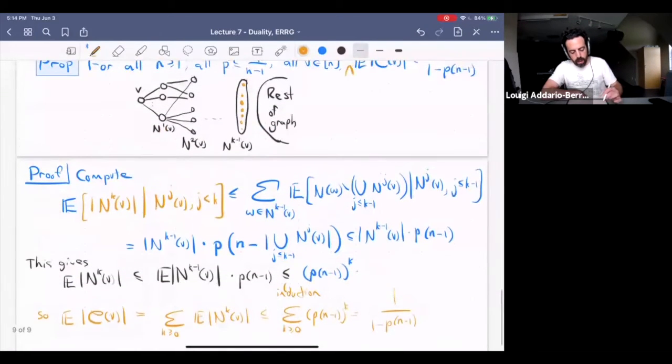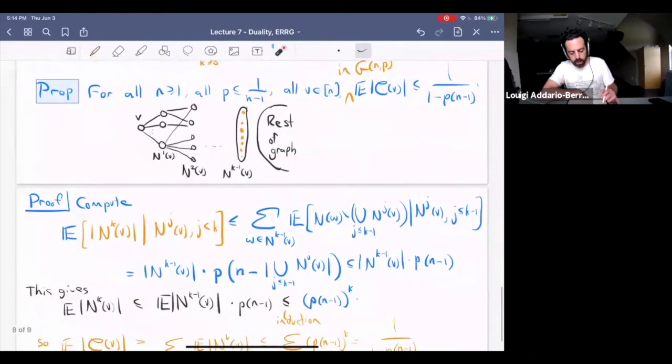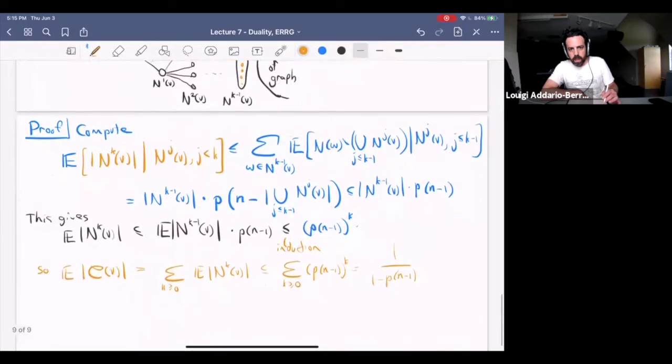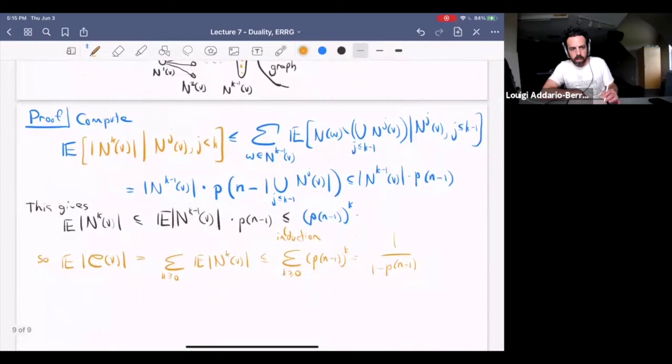Just an easy recurrence, which gives this upper bound on the expected size of a component. Any questions about that? Okay, I saw movement, so I assume people are still there.